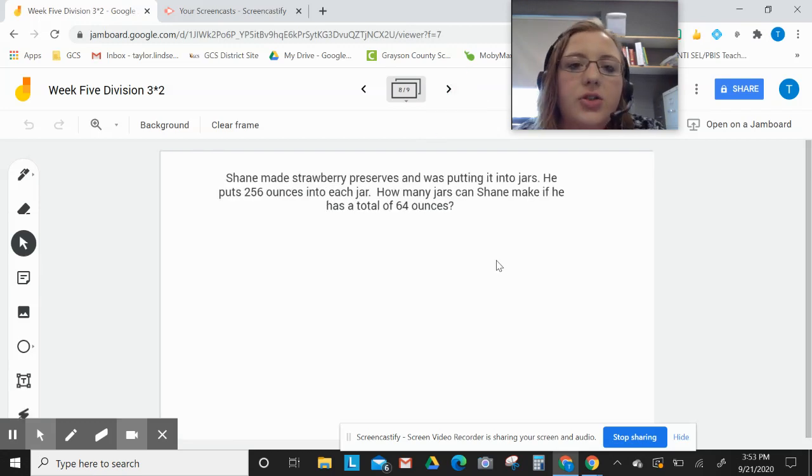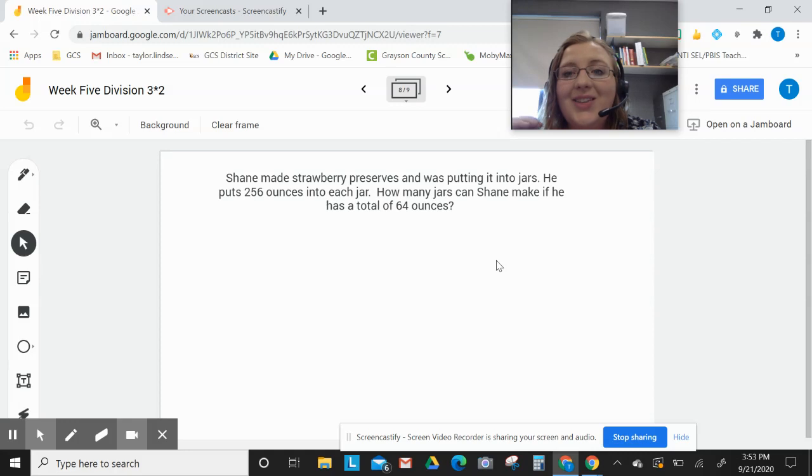Shane made strawberry preserves and was putting it into jars. He puts 64 ounces into each jar. How many jars can Shane make if he has a total of 256 ounces? So I'm trying to think, am I looking for groups or am I looking for the number in groups?